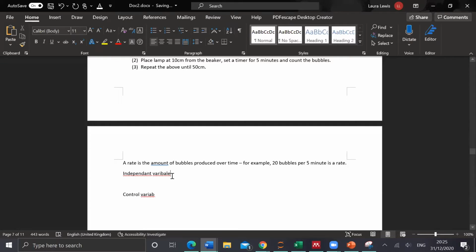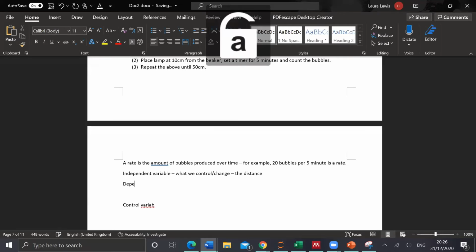Sorry, it's just my typing, I don't know how to spell things. Okay, independent variable, that is what we control, what we change. So the distance, that's the independent variable.